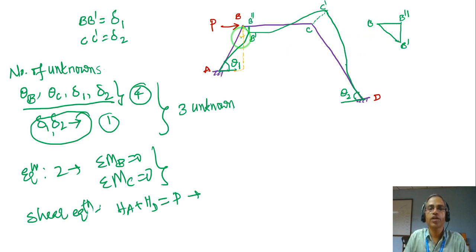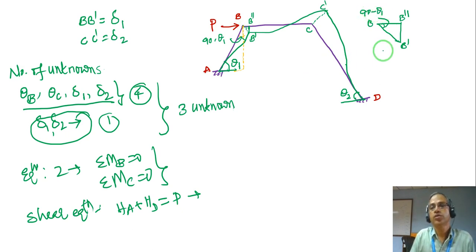Now you look at here, this angle was 90 minus theta 1, that means this angle here will again be 90 minus theta 1. So this angle is 90 minus theta 1, very important. So what is this BB dash? As I mentioned here, BB dash is delta 1. So this is delta 1.